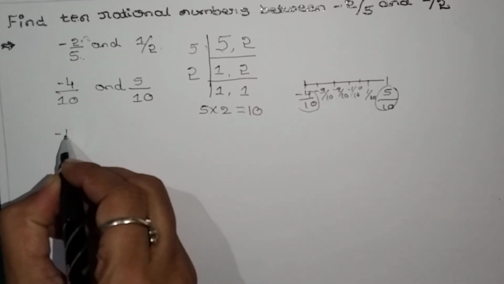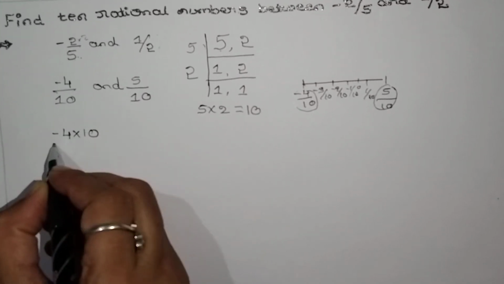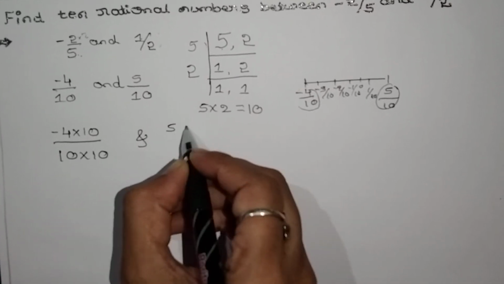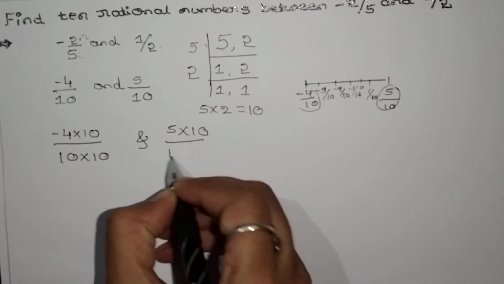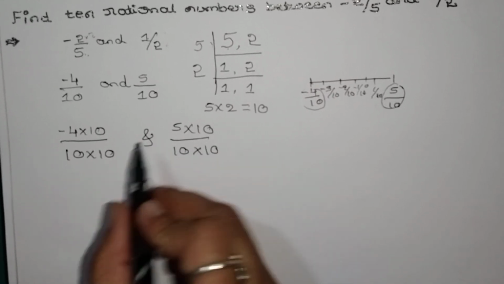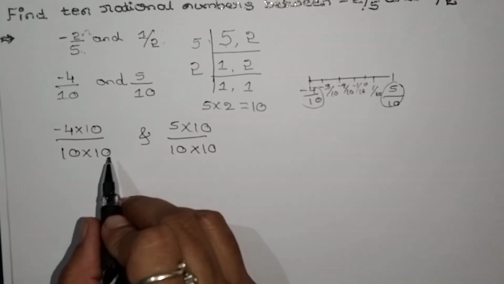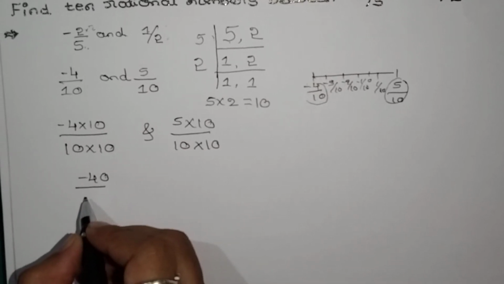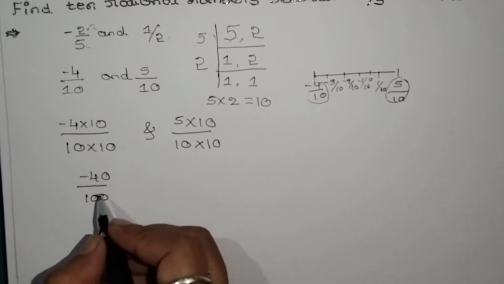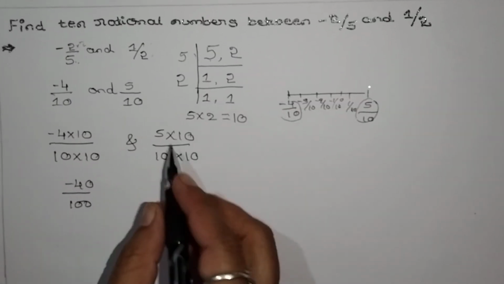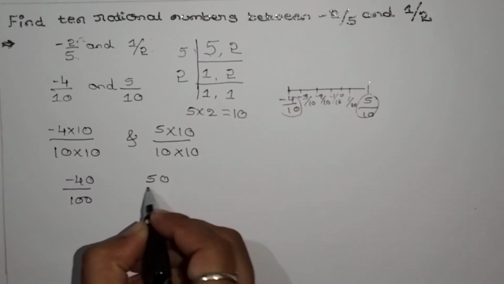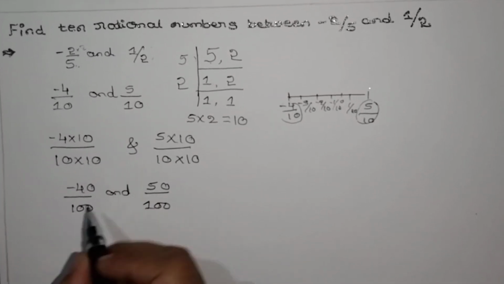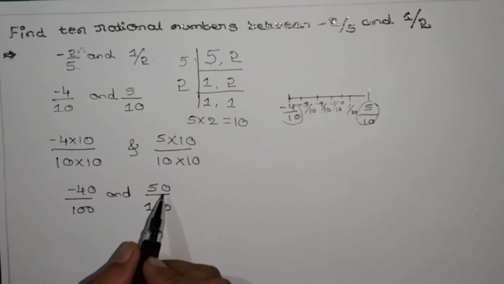Here I am going to take 10. -4 into 10 is -40, 10 into 10 is 100, and 5 into 10 is 50, 10 into 10 is 100. You can use 100 also, or 1000 also. So now we got -40 by 100 and 50 by 100.